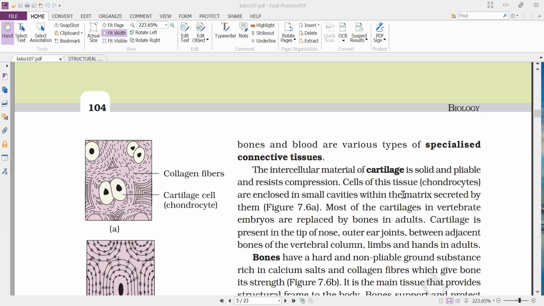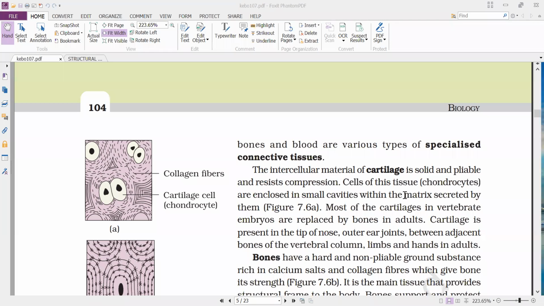During early days of embryonic development, the embryo is completely made of cartilage. But later the cartilage is replaced by bone in the adult.